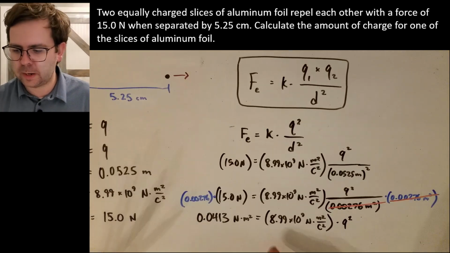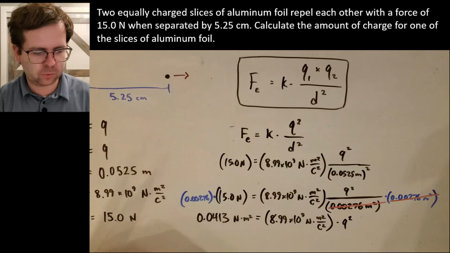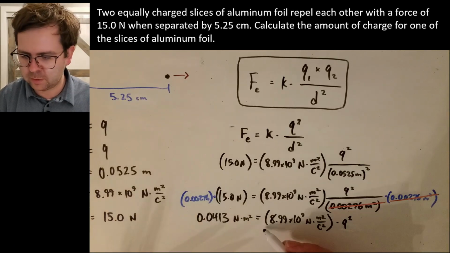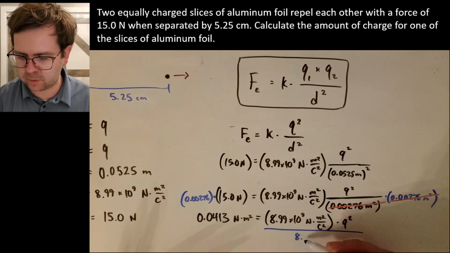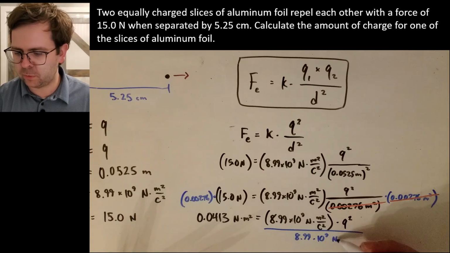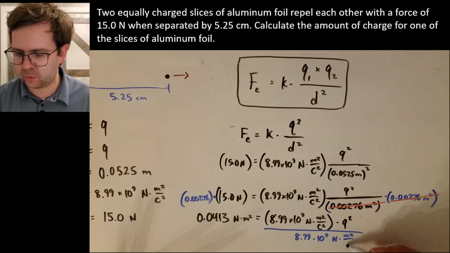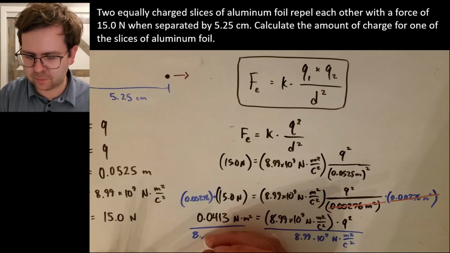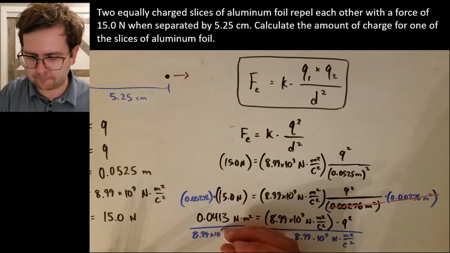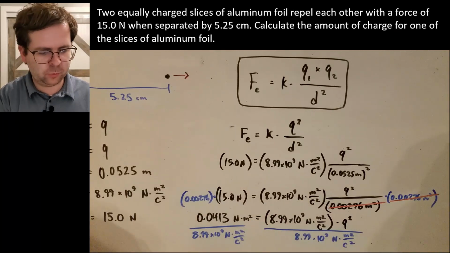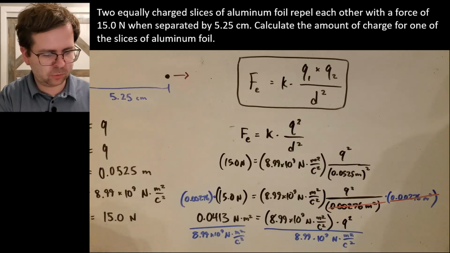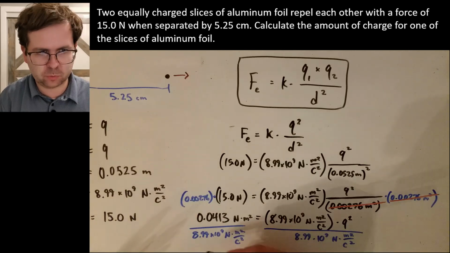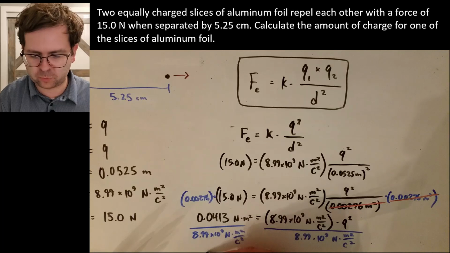All right, and then now I'm going to undo this multiplication here. So I'm going to divide both sides by this K value. Make sure that you put parentheses in when you're using your calculator here, or else you may not end up dividing by the whole quantity. So doing this division gives us a number value of 4.60.